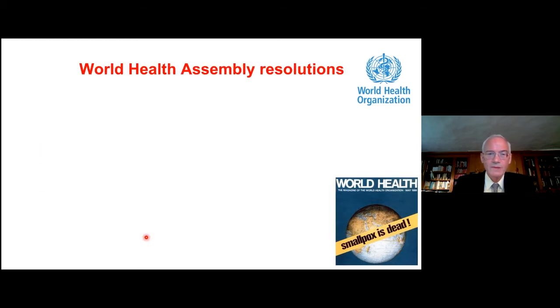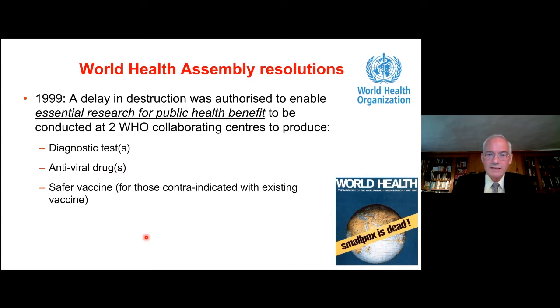So what happened? Well, in 1999, a delay in destruction was authorized to enable essential research for public health benefit at these 2 WHO collaborating centers to be completed. The objectives were to produce diagnostic tests, antiviral drugs, and a safer vaccine for those who were contraindicated.